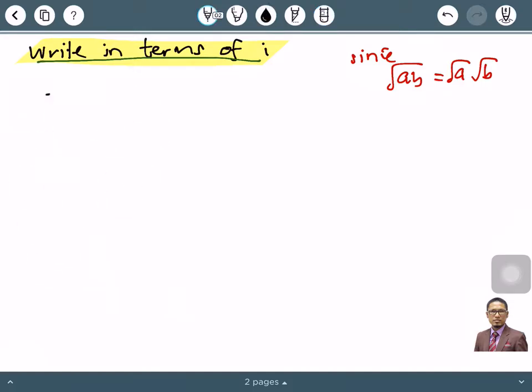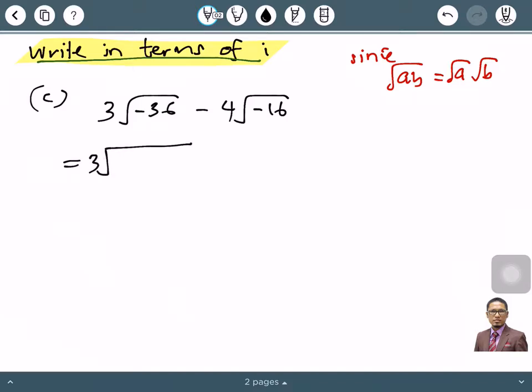Next example 3. 3 times square root of negative 36 minus 4 times square root of negative 16. Ni kita combination, addition or subtraction. Sama juga kita crack negative 36 kepada 36 darab dengan negative 1, negative 16 kita crack dia 16 times negative 1. Kemudian kita pecahkan lagi square root tu.